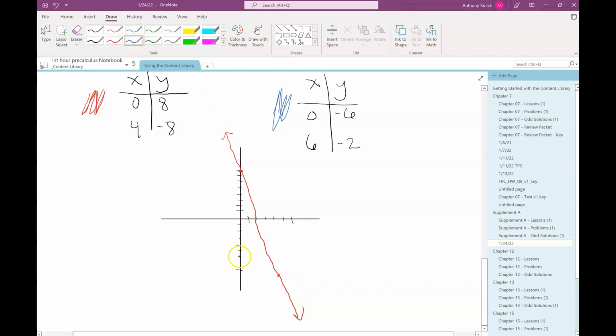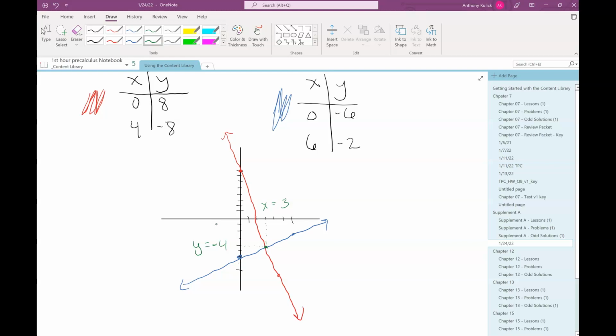And then I have 0, -6, and then 6, -2. So there's my solution, which is the intersection of the two. The x value there appears to be 3, and the y value there appears to be -4. We all okay with that?